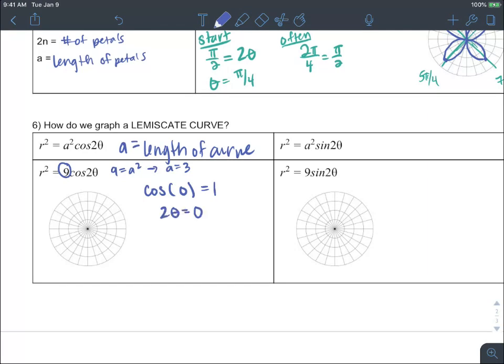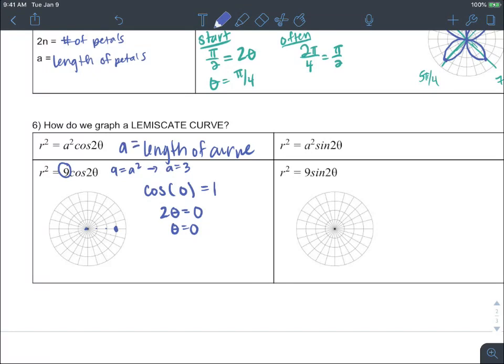So what theta do I need to plug in to give me a 0? Well, theta is still going to equal 0. Okay, so we're going to have the longest point at 0. You guys can make a table if you want, but a lemniscate only has 2 parts to it. So at 0 here, we're going to go 1, 2, 3 units.